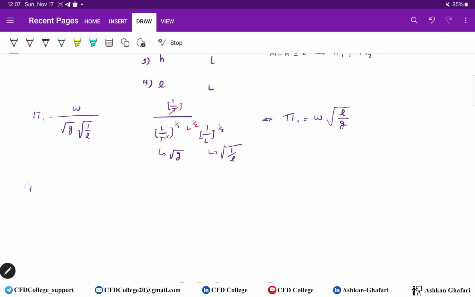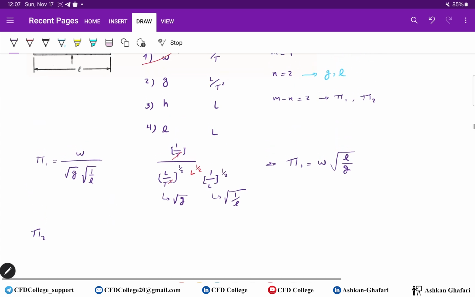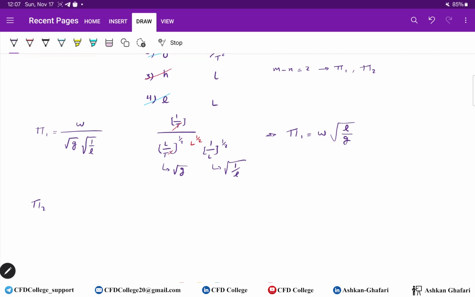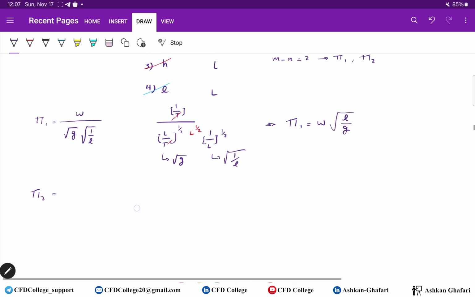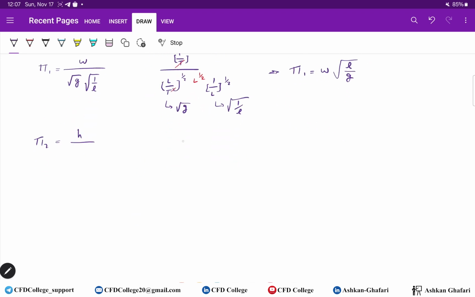And pi 2. Gravity and L are repeating variables, and we only need to find pi 2 based on h. So here we have h, the unit is length. It's easy, we need length here, which is L. So this is pi 2.